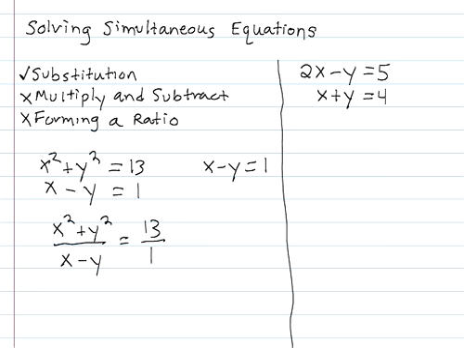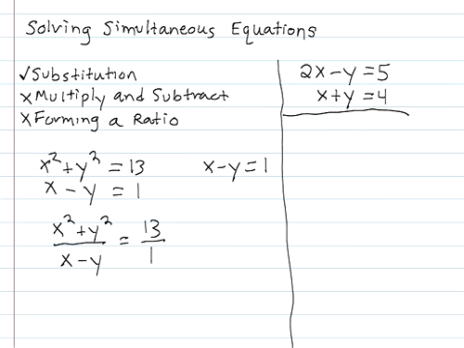Well, now I hope that you can see multiply and subtract will work. In fact, we could just add these two equations together, or we could multiply the bottom one by -1 and subtract. By the way, multiply and subtract is the same as multiply and add, or divide and subtract, or divide and add. They're all the same. I just chose multiply and subtract because that's the most common one.